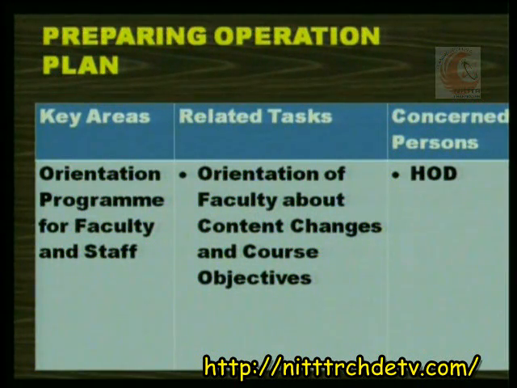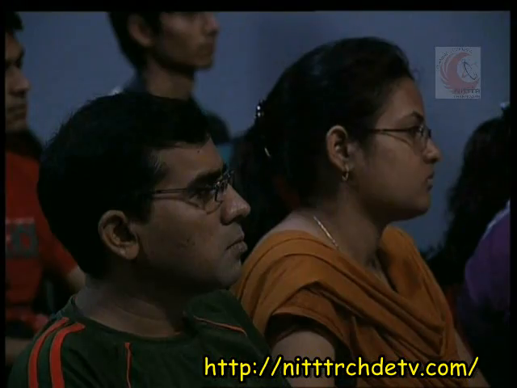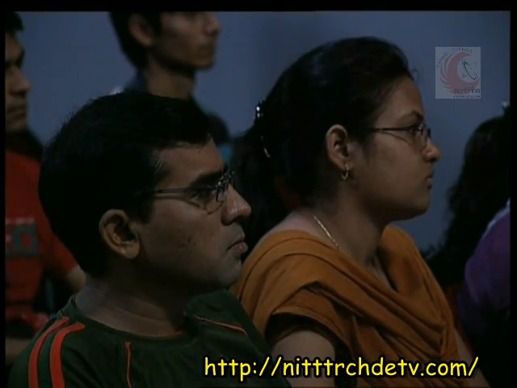Can we identify another task related to this key area? Identifying the additional resources required. This task again is related to this key area, that besides the orientation, you communicate to the faculty and staff that these are the additional resources that will be required for implementing this curriculum.